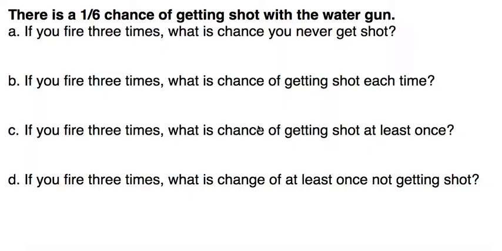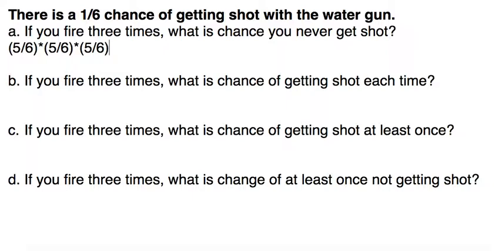So if you fire this water gun 3 times, what is your chance you never get shot? Well, the chance that you don't get shot the first time is 5/6, right? Because there's only one water bullet in there. The chance of never getting shot is going to be 5/6, times 5/6 for the second one, times 5/6 for the third one, because it doesn't change.